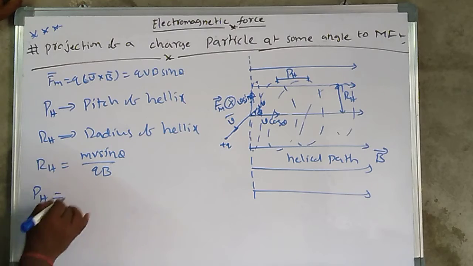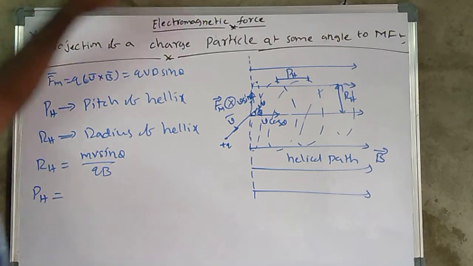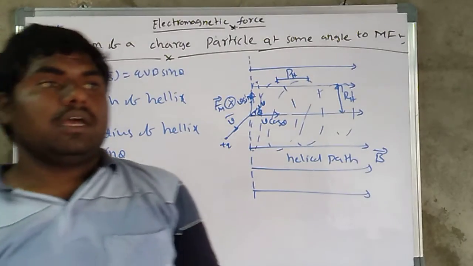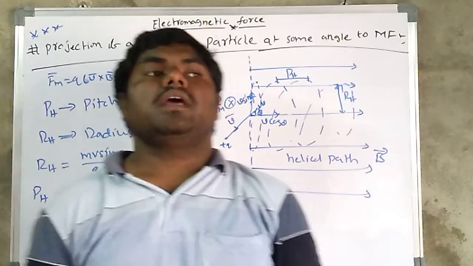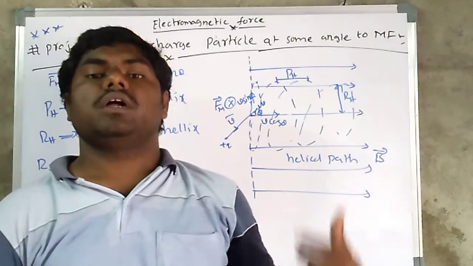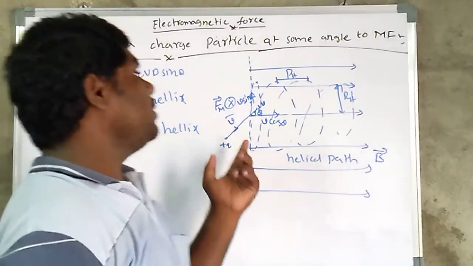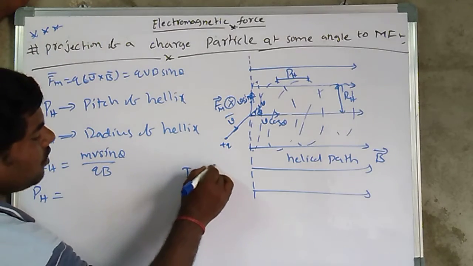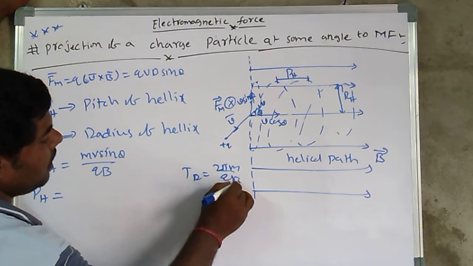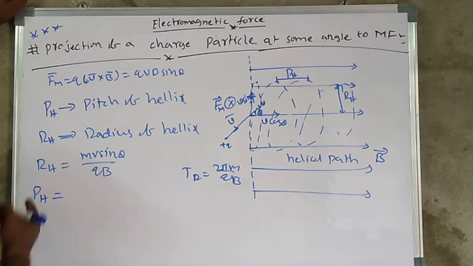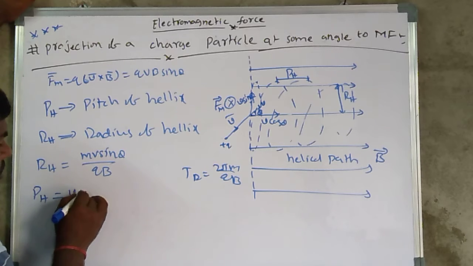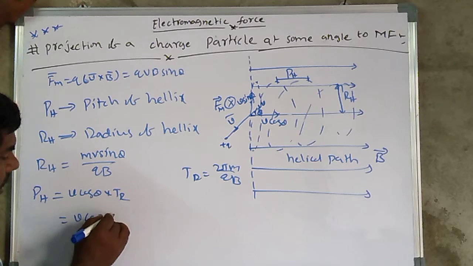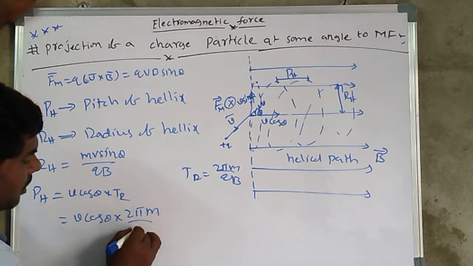Now for the pitch, we already know the kinematic equations, like projectile motion. The projectile range is the velocity along the x direction into the time of flight. Here the total time T_R we already know is 2 pi m divided by qB. So along the x direction, velocity v cos theta into T_R, which is 2 pi m divided by qB.